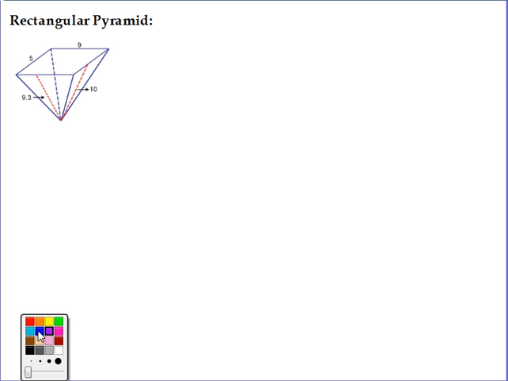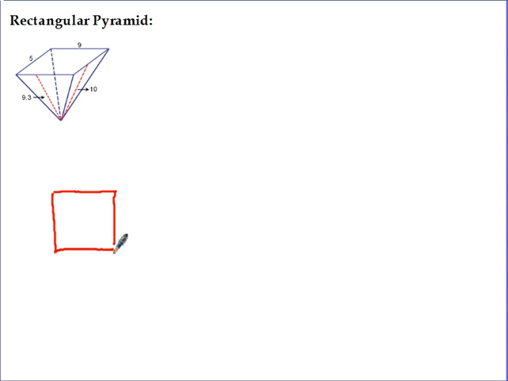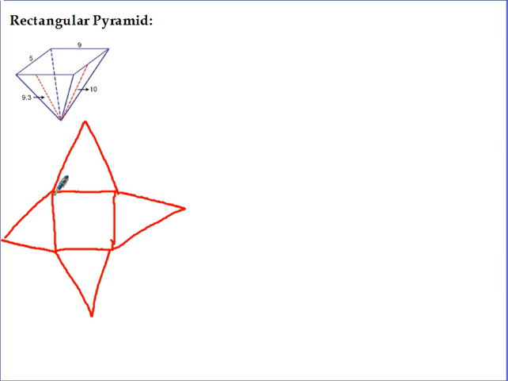If you remember back to unfolding all of our figures, if I were to unfold this, and you don't have to draw this on your test, but I just want you to think, we would have the square on the bottom, and then we would have triangles on all 4 sides, okay?